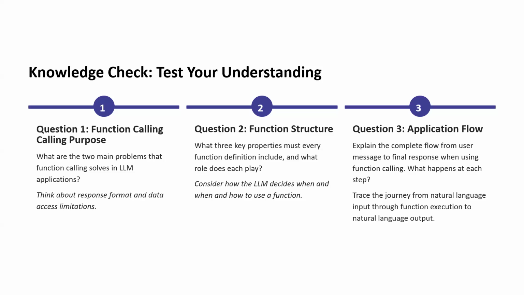Then question three says application flow. Explain the complete flow from user's message to final response when using function calls. What happens at each step? The first step would be the user's query, where our model tries to understand what the user is asking, extracts the information, and then determines what function to use to perform the task.